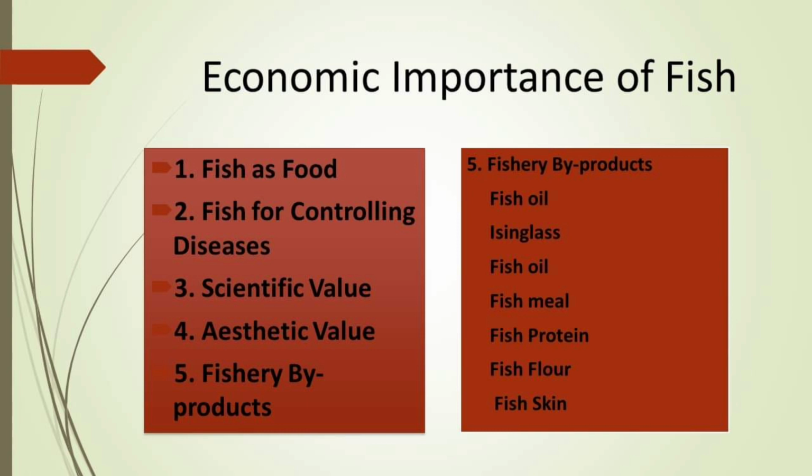Next we have fish protein, used in the preparation of ice cream, pharmaceutical, paints, varnishes, textile, papers, and cosmetics. We also have fish flour. It is a high quality or highly nutritious food prepared by solvent extraction processes, easily digested by infants of 3 to 4 months.